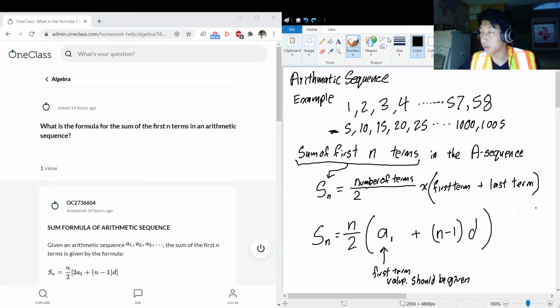Let me double check this because I do not want to say anything wrong and have anyone include that in their calculations. I think it is just first term, and the last term is n minus 1 times d, d being what you're adding each time.